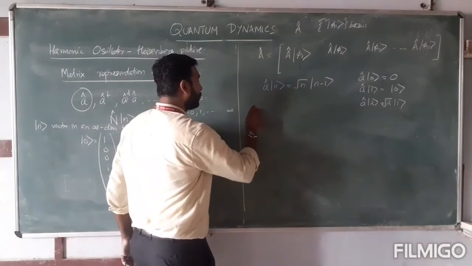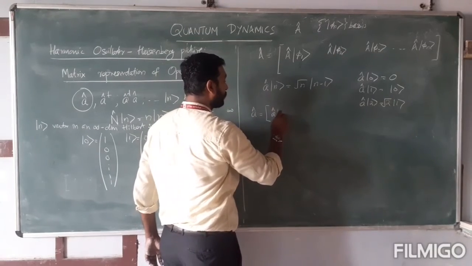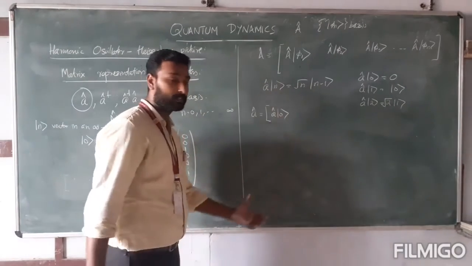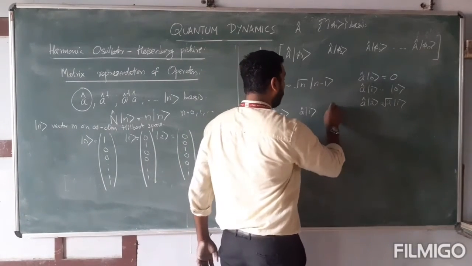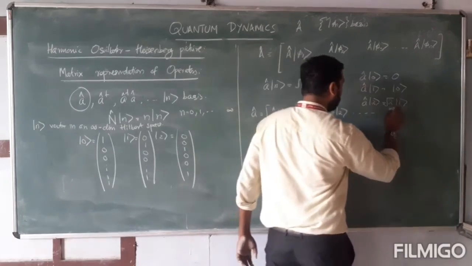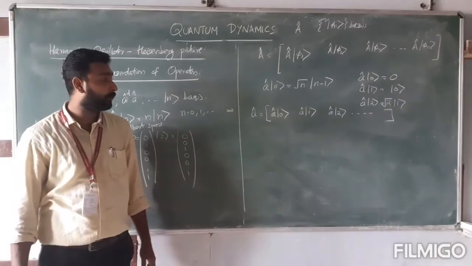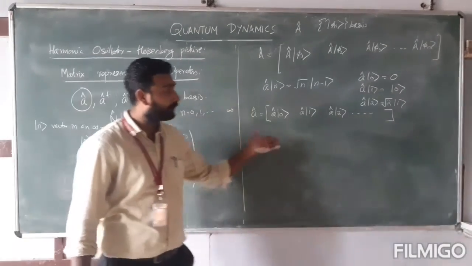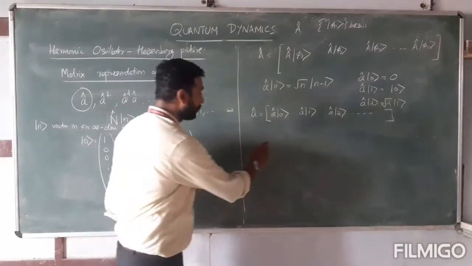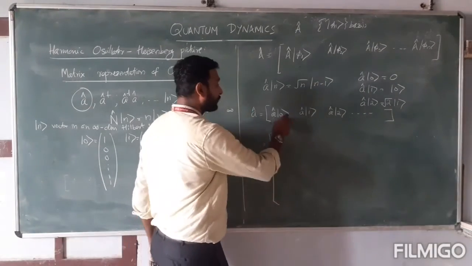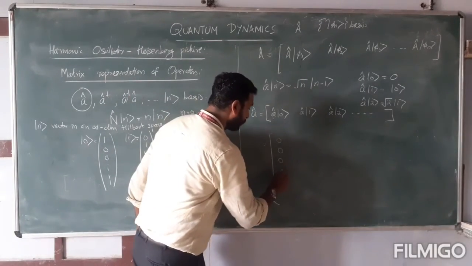Then how will I represent A? So A, according to this definition, A acting on ket 0 will be the first column. A acting on ket 1, second column. A acting on ket 2, third column, etc. And since A is operating in infinite dimensional Hilbert space, it will have infinite terms, infinite columns. Okay. So the first column, A acting on ket 0, is simply 0, so it is a 0 column vector.